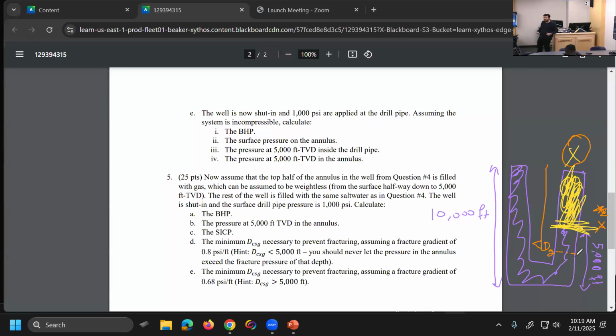Again, one equation, one unknown, but a harder equation. On the right-hand side of the equation, it will be longer, a little bit more complex. That's why the fracture gradient is lower, to allow for that. But it's not hard. It's very easy to do.